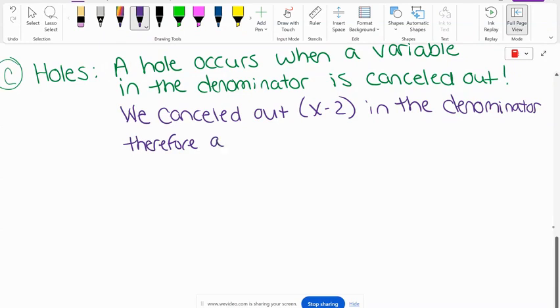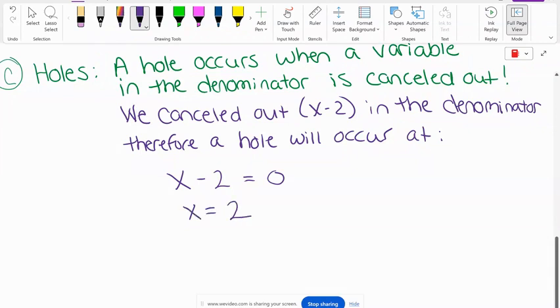Therefore, a hole will occur at x minus 2 equals 0. So what does that mean? x will equal 2. But we're not done.